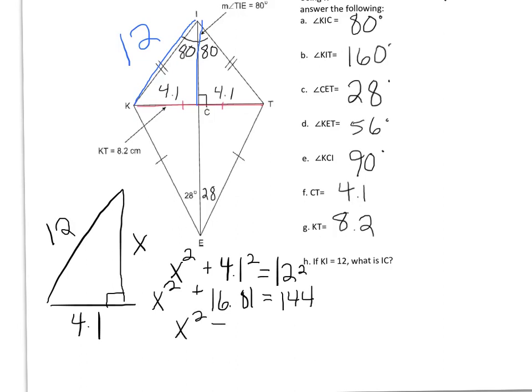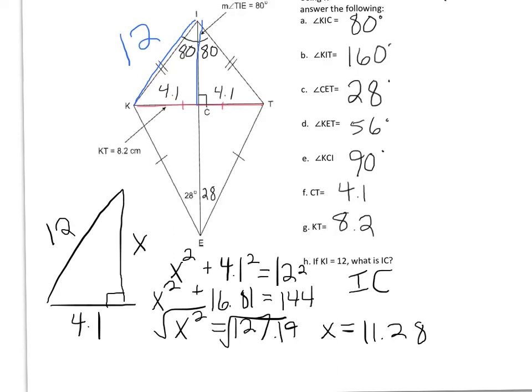X squared equals, and then if you subtract 16.81 from 144, you get 127.19. And then if you take the square root of both sides, you get x equals 11.28. So therefore, IC equals 11.28.